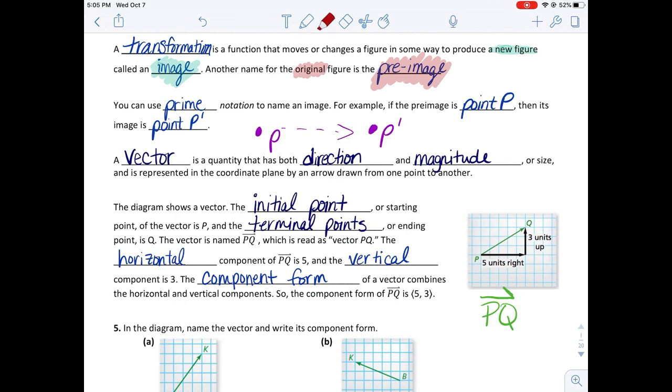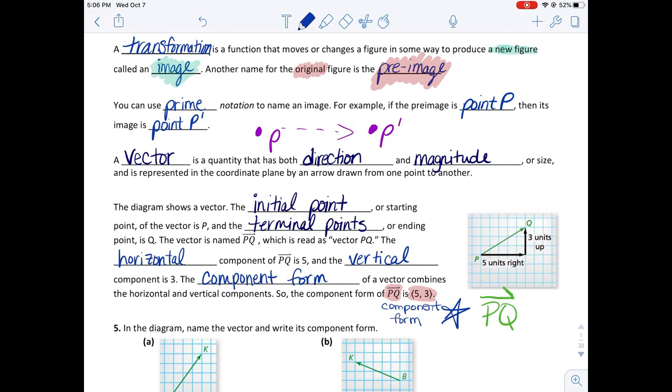So the component form of PQ is the vector 5, 3. So I'm going to highlight. Here's my notation, and here is what that component form vector looks like. This is called component form. If you want to write it right underneath your highlighting, great idea. This is component form. This is incredibly important because we're going to learn a new form in just a little bit.